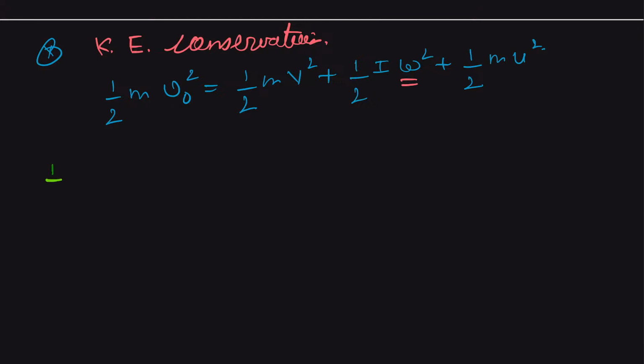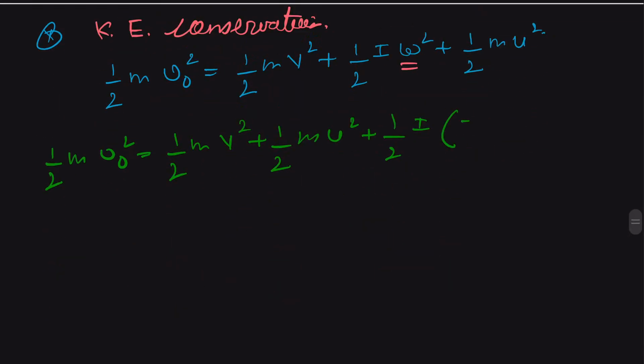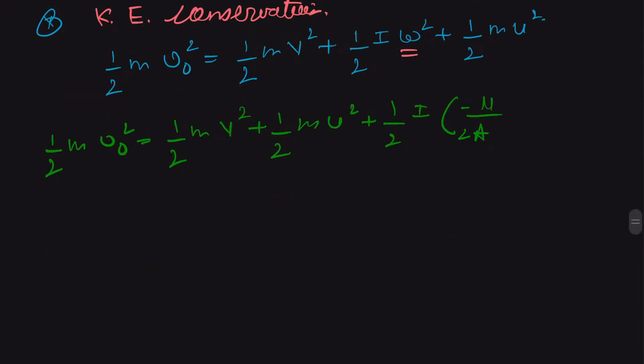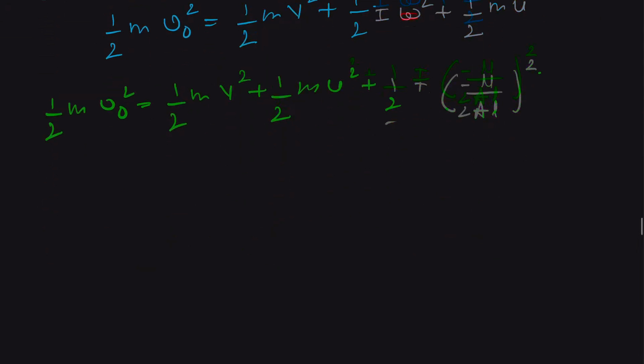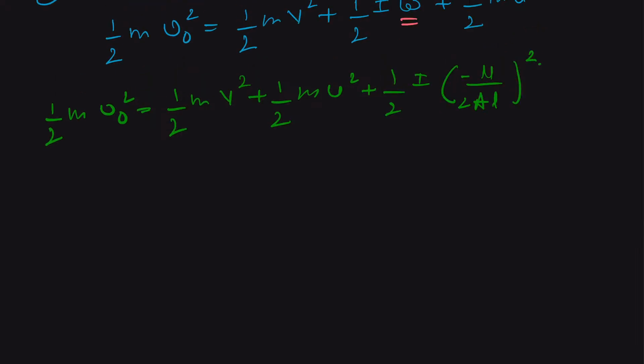So we can write this as half m v naught square is equal to half m v square plus half m u square plus half I, and our omega is minus of u over 2al, whole square.